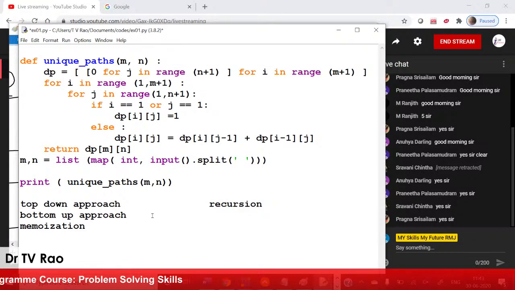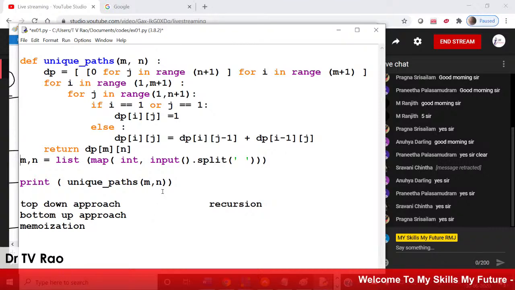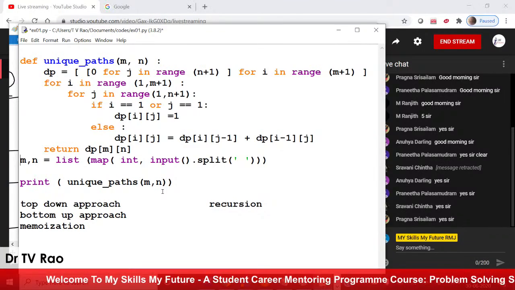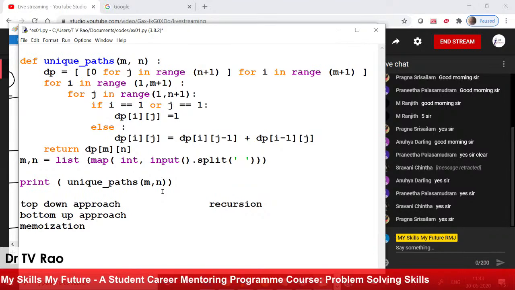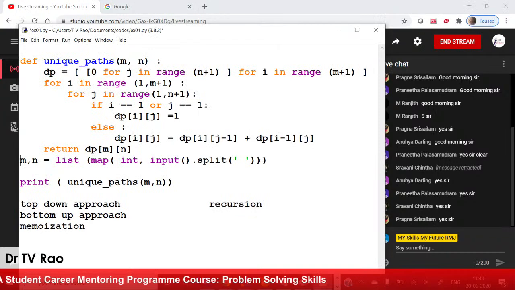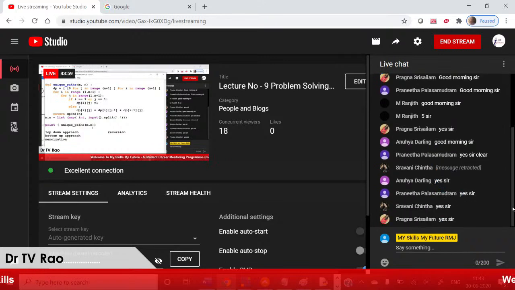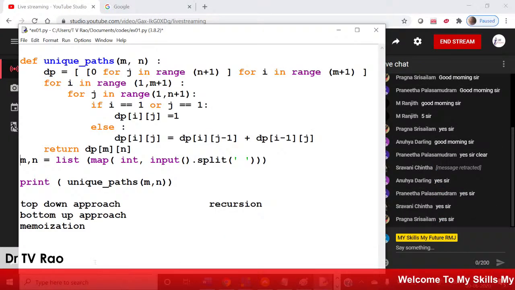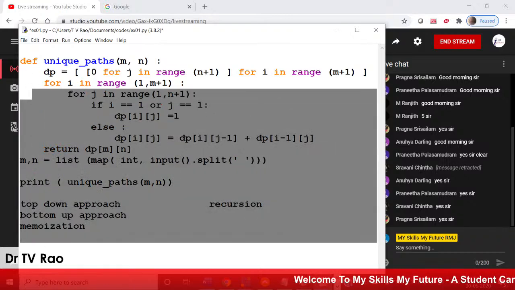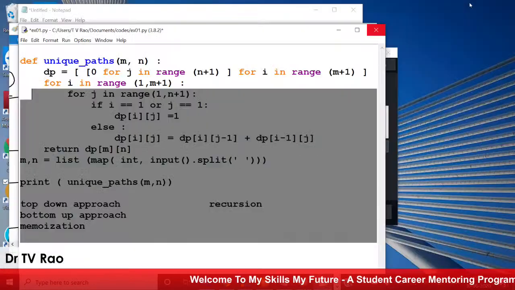Please let me know whether you understood this or not. Say one more problem. Simple one though.